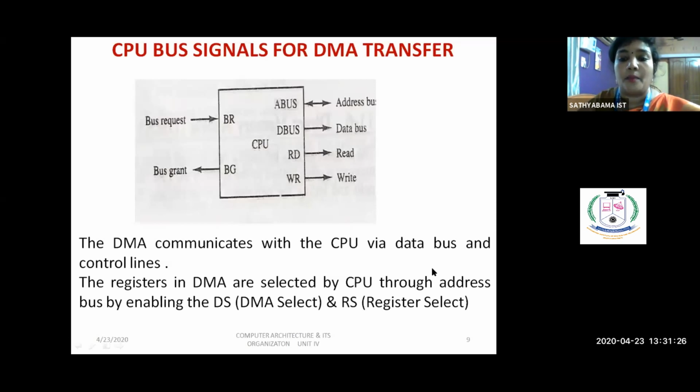So DMA communicates with the CPU via the data bus and control lines, and the registers in DMA can be selected by enabling DS and RS through the address bus.